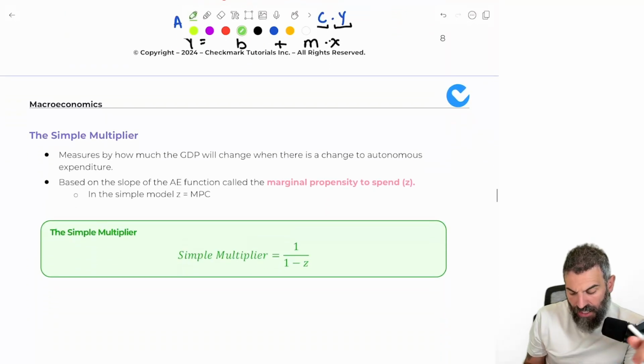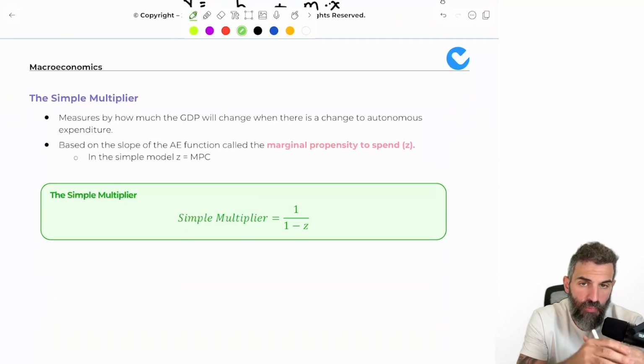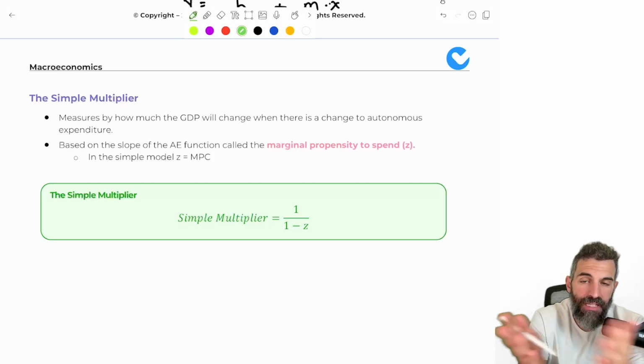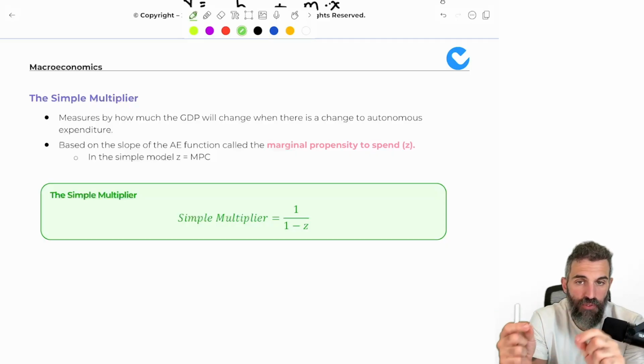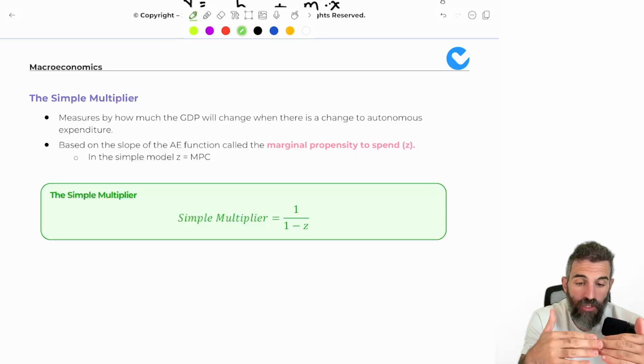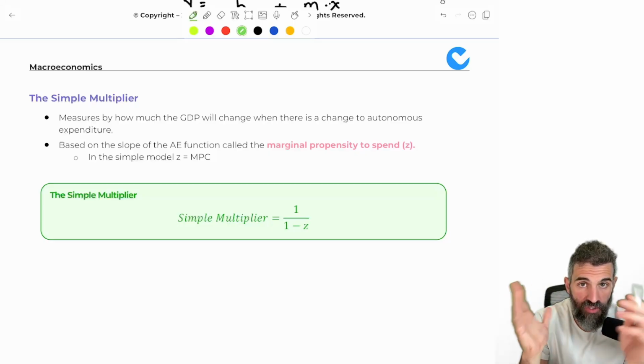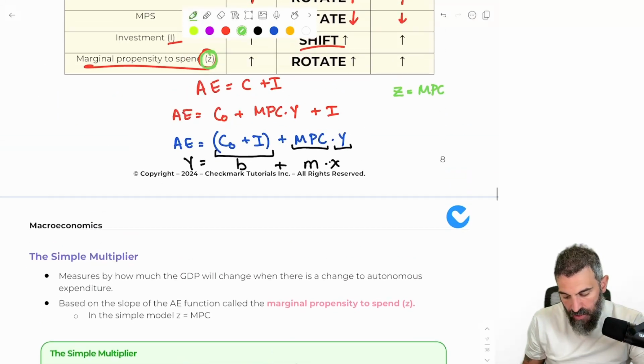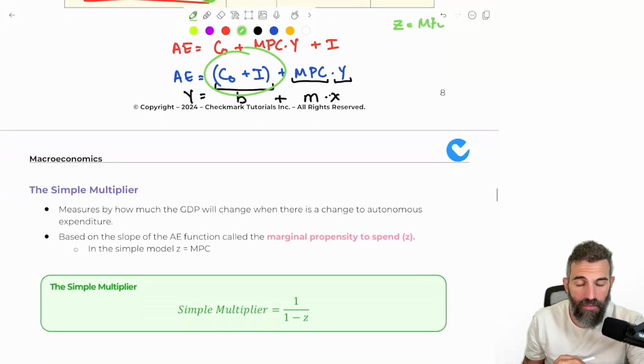Which brings me to, I believe, the last part of this chapter, which is something called the simple multiplier. Then we'll do some practice. Like it says in the notes, it measures by how much the GDP will change as a result of a change in the autonomous expenditure. So for example, if as an economy, we start to spend more on investments, which is an autonomous, it's part of the autonomous part of our aggregate expenditure.